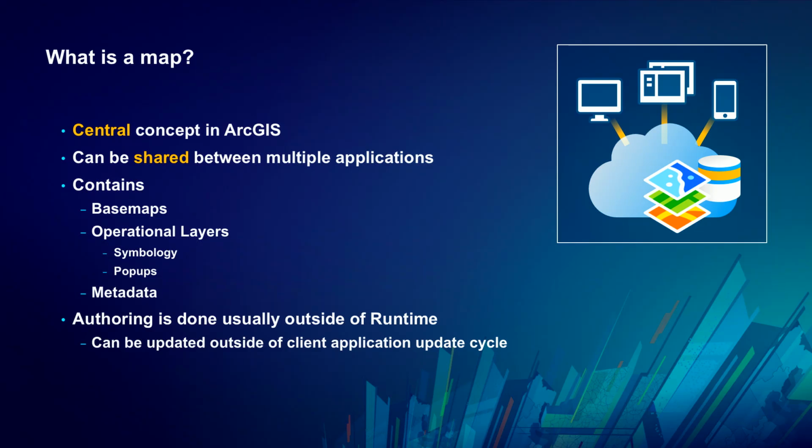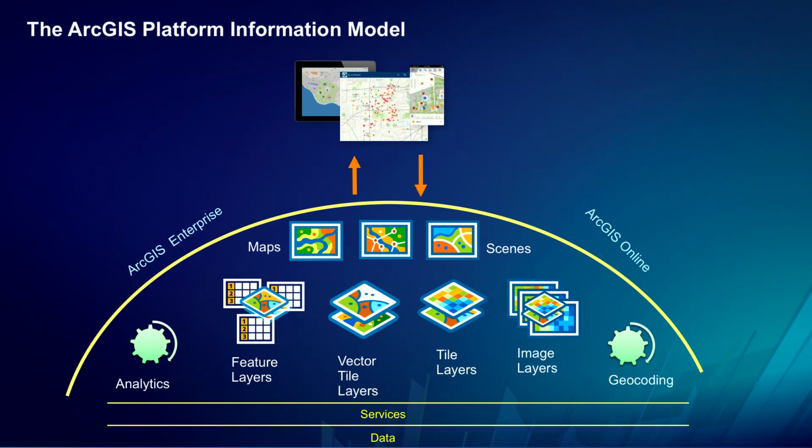And this power of authoring the map outside of the runtime makes it really nice for distribution models. So rather than having some of these things baked into code inside of your application, you can actually make tweaks to symbology in an online viewer and then restart your app, and you can have those changes reflected right there. So all of this relates to working with the ArcGIS platform information model.